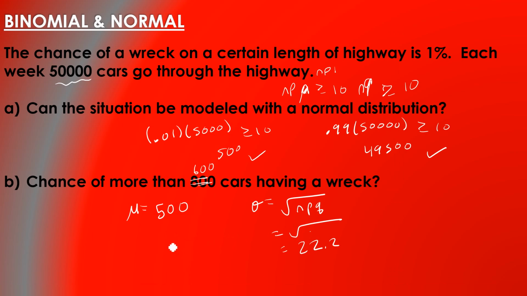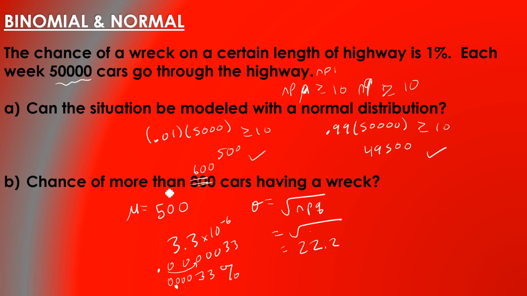So that would be this, 1, 2, 3, 4, 5, 6. Yep. So as a decimal, we're looking at moving this twice. So a very small chance that we would have more than 600 cars.